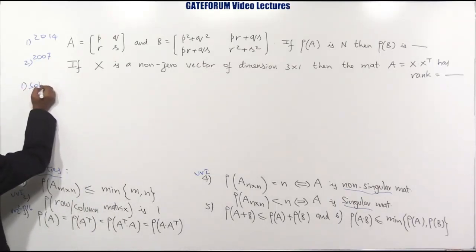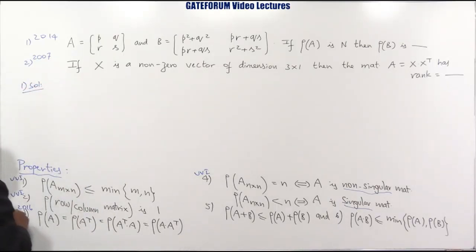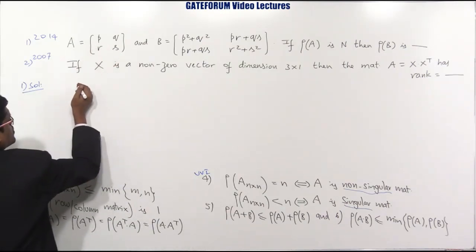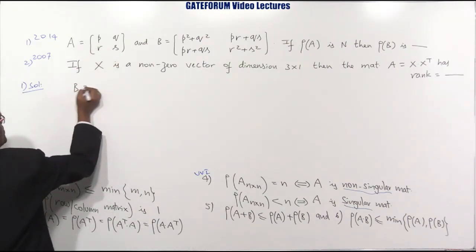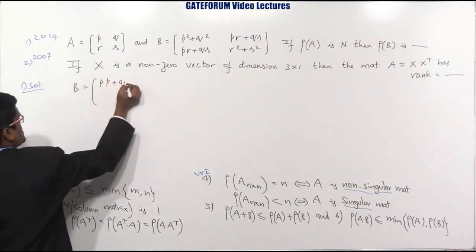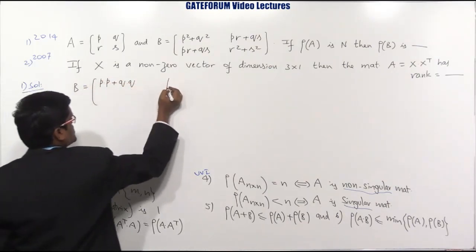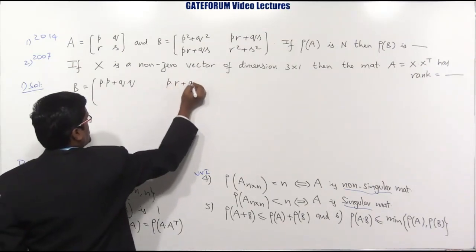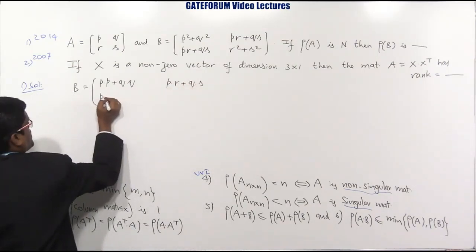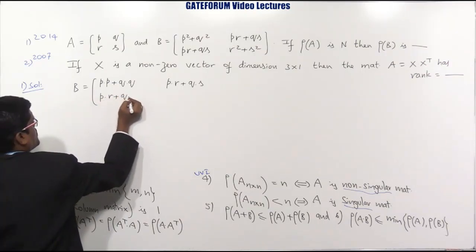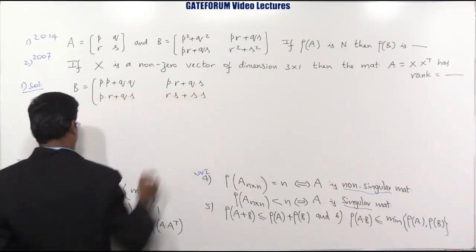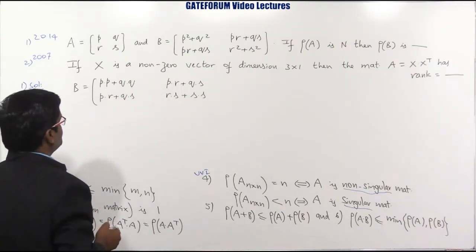First solution. So, I can write B matrix as P square, P into P plus Q square, Q into Q, and this P into R plus Q into S, and this is P into R plus Q into S, and R into R plus S into S. Okay.